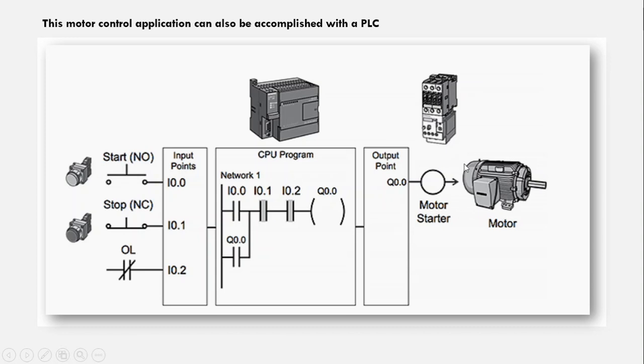To control the three-phase supply to the motor, here we have the contactor, and the coil of the contactor is connected to the output of the PLC. To control the start and stop of the motor, or to protect the motor from overload, we provide the inputs to the PLC. Further, the logic is implemented in the PLC with the ladder logic diagram, and it is going to execute the function as discussed in the previous slide.